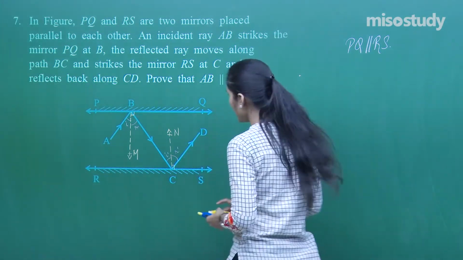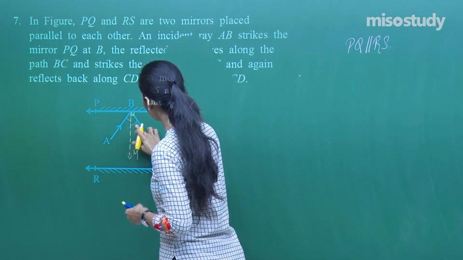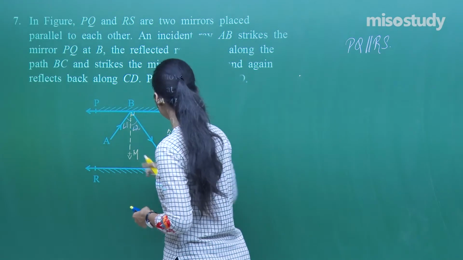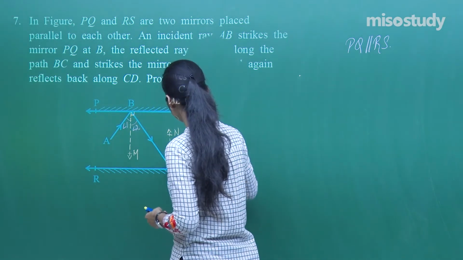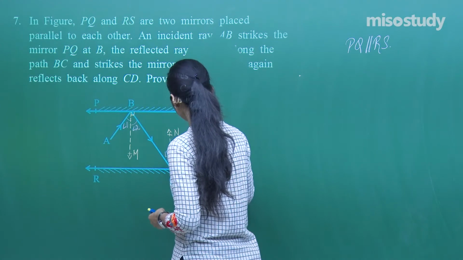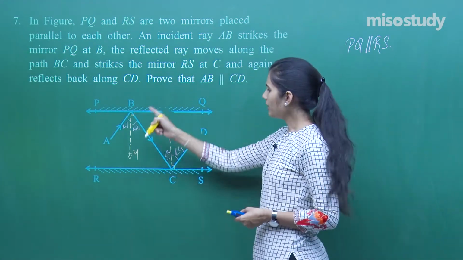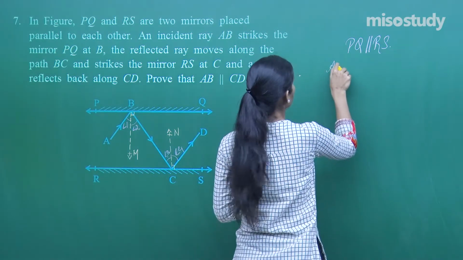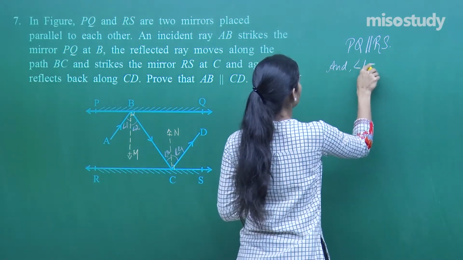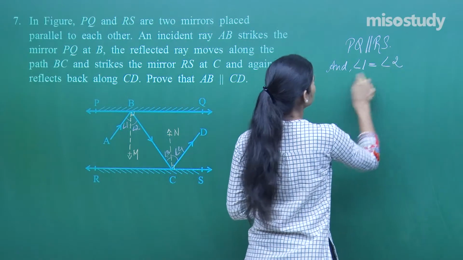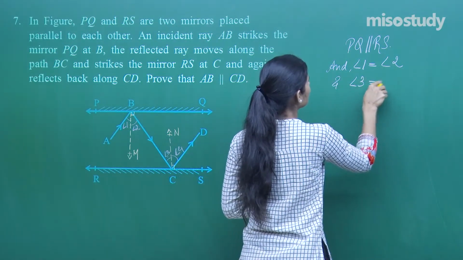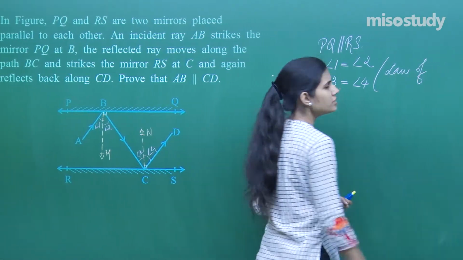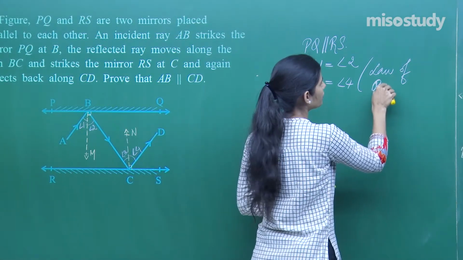So what am I going to have is, this is angle 2, and say this is angle 3 and angle 4. So the moment I have drawn normals, by law of reflection I can say angle 1 is equal to angle 2 and angle 3 is equal to angle 4 by law of reflection, because angle of incidence is equal to angle of reflection.